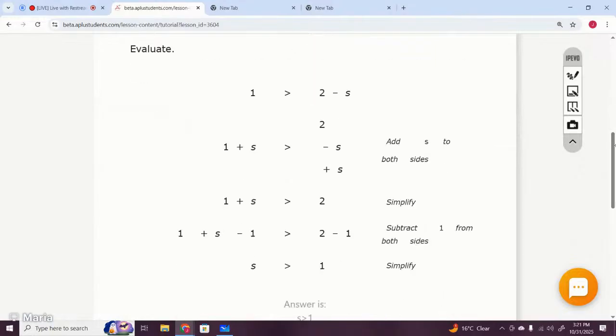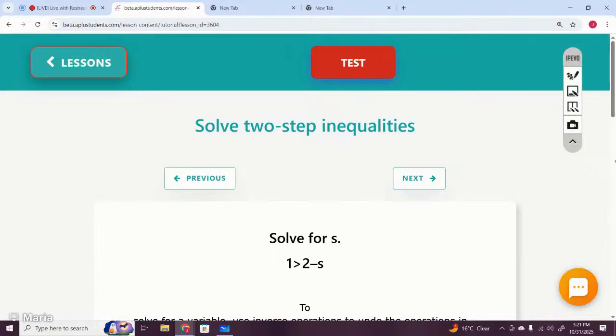It would be s is less than 3. Let's just start with the test questions.